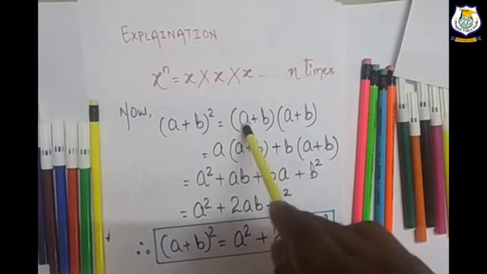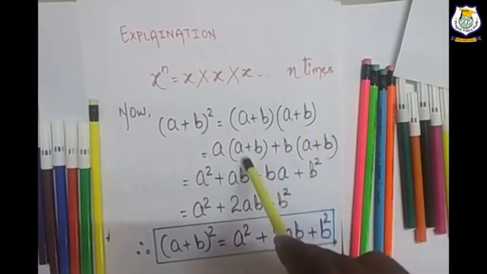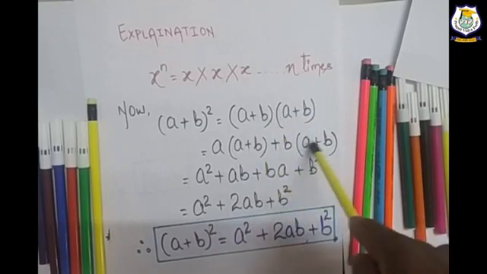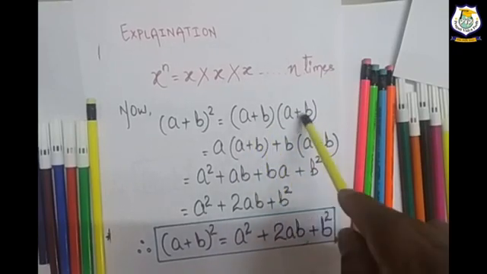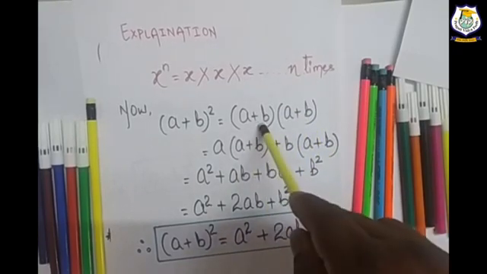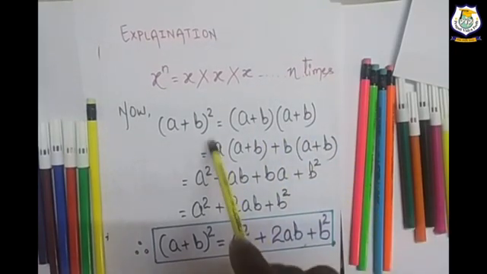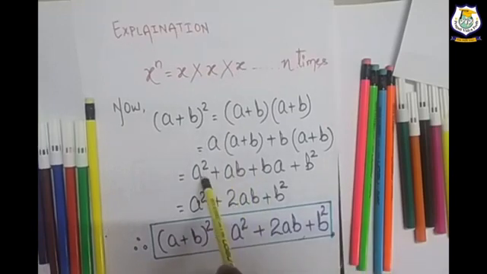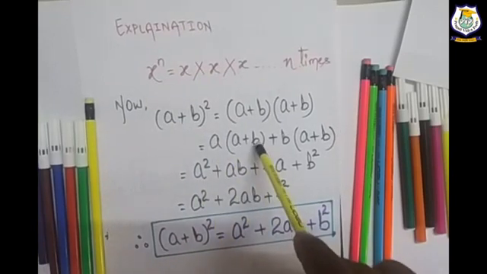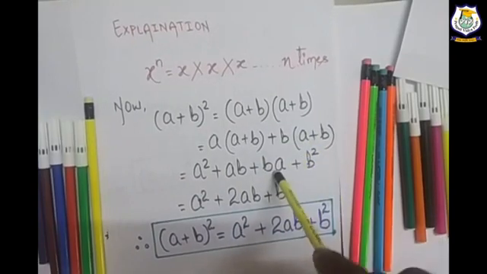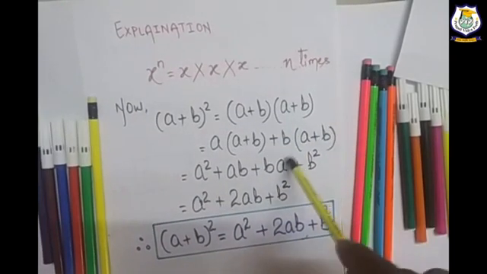Now a multiplied to this whole bracket, that is a plus b, and plus b multiplied to this bracket, that is a plus b. Now a multiplied by a, we get a square. When a is multiplied by plus b, we get plus ab. When b is multiplied by a, we get plus ba. b multiplied by b is plus b square.